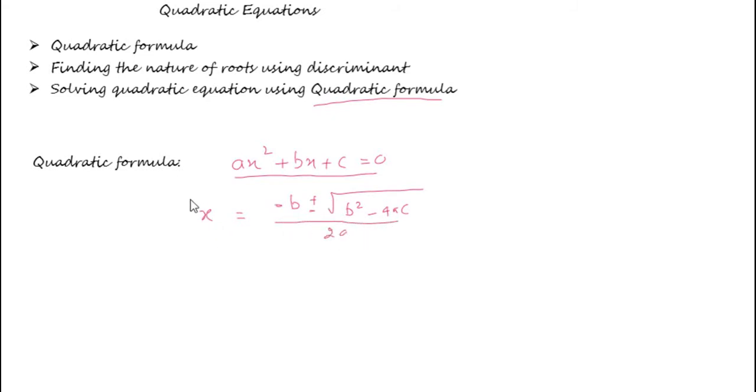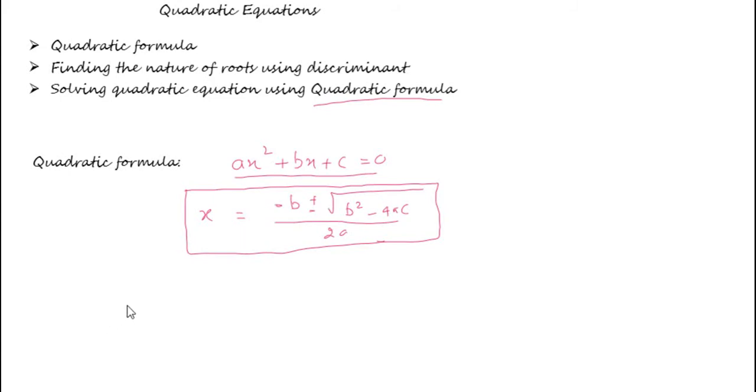This is known as the quadratic formula. If you substitute the values of a, b and c in this formula, you will get two values of x. These two values are the roots of the quadratic equation.